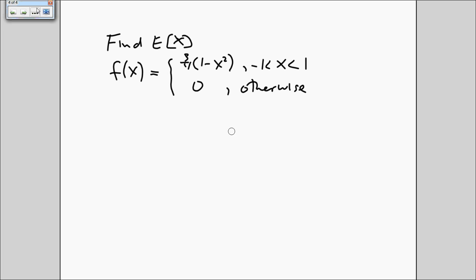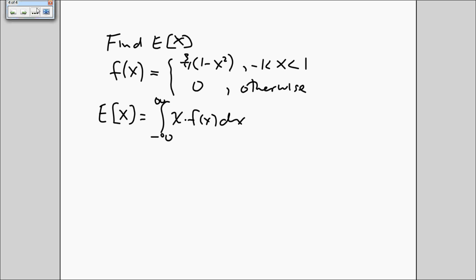You can't find E of x unless you know f of x. Just the way it is. E of x, by definition, is an integral of x times f of x dx from negative infinity to infinity.